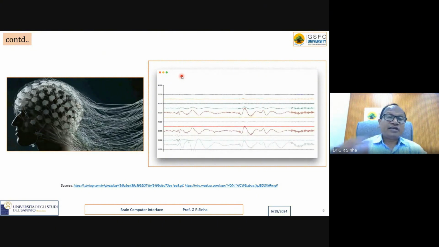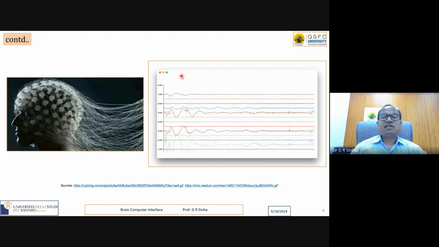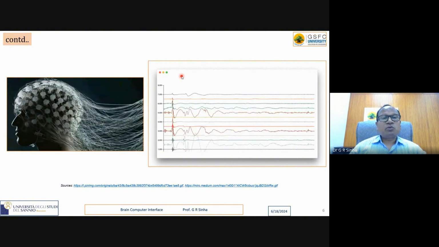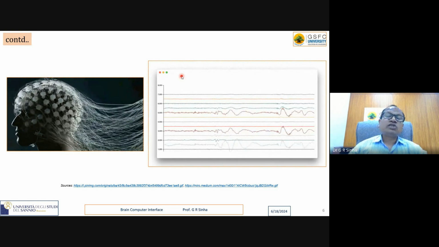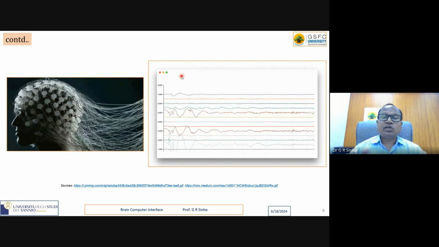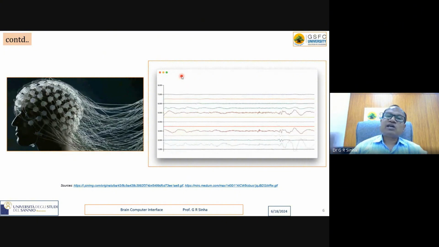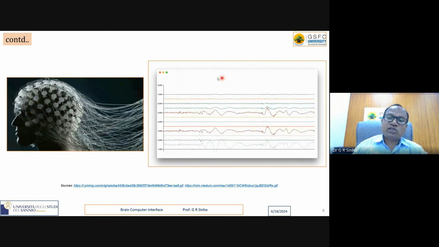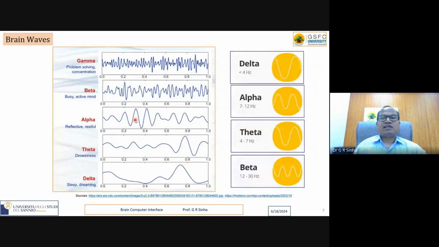When you want to convert into digital, what is the method? You cannot convert a continuous signal directly into a digital signal. So what do we do? We convert an analog signal into a digital signal by, first of all, converting into a discrete signal using the process called sampling. We will understand that a little later. And then we use some quantization and we convert the discrete time signal into a digital signal. So this signal that you can see is the discrete signal.